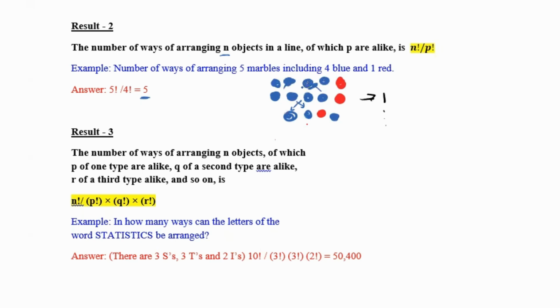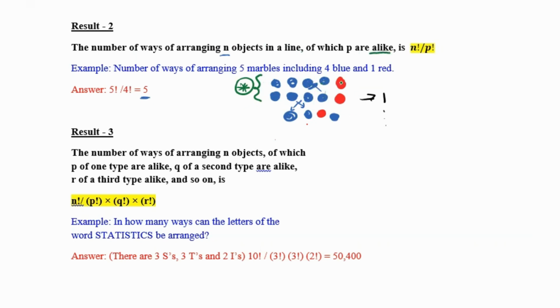Think, does it make any difference? Both these images look the same. Well, it looks the same to me. What about you? Well, that means there is no point in changing the order of the blue balls because it does not make a difference, because all these 4 blue balls look alike.